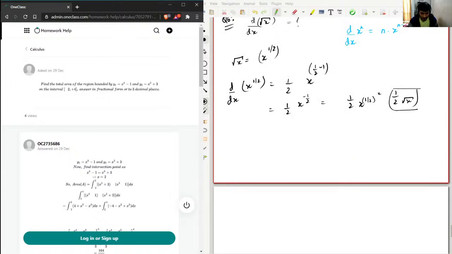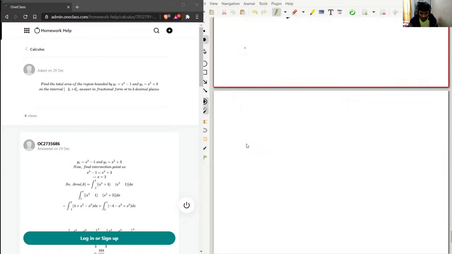So we have question number 7. I'll just write question number 7. This question I will solve with red color. So we need to find the total area of the region bounded by y1 equal to x cube minus 1 and y2 equal to x square plus 3 on the interval of minus 2 to plus 4.